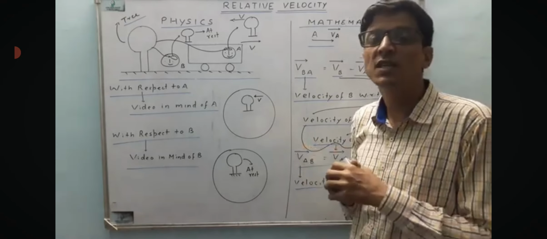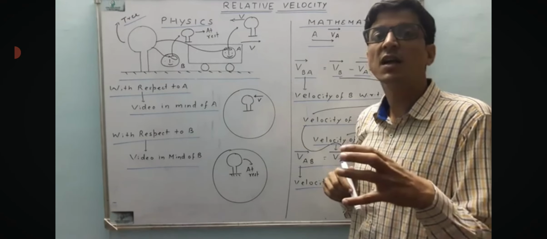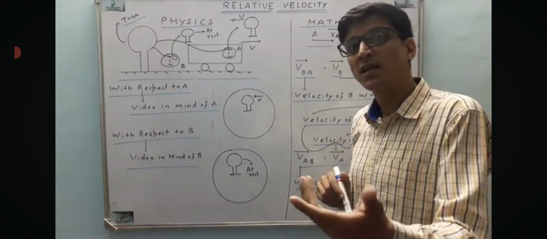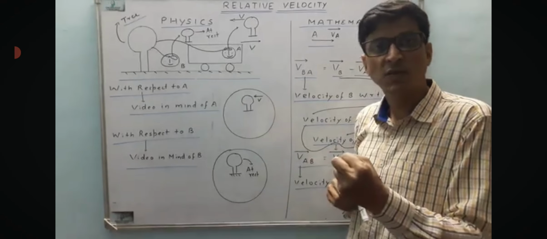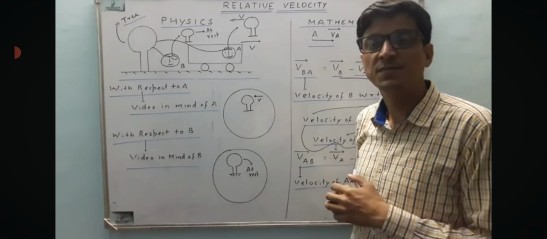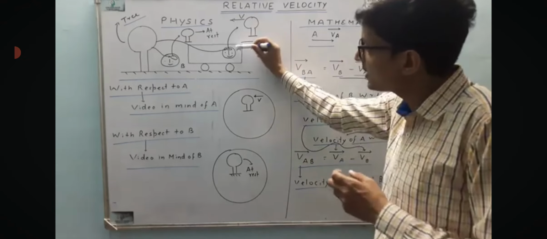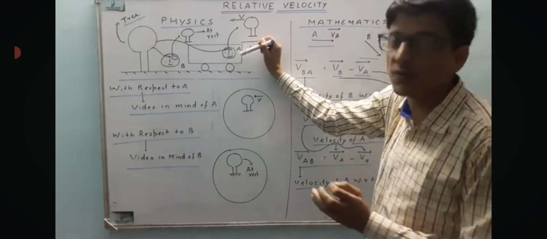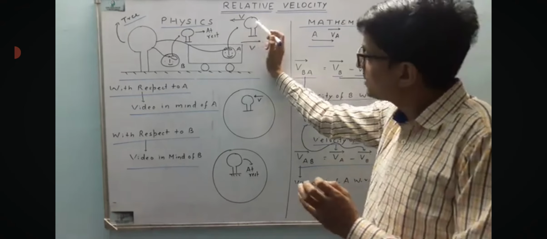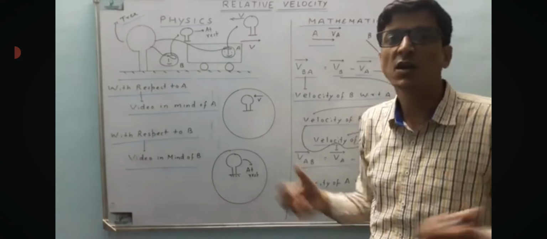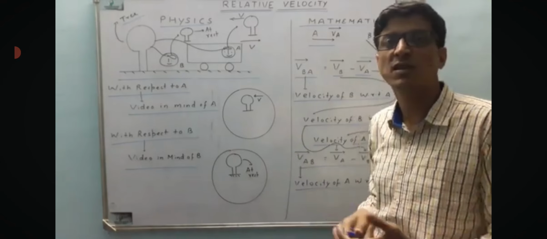As you might have seen, if you are sitting in a car, it is moving forward, then if you look back at the tree present on the ground, it will be observed to be moving backward. So with respect to the image in the mind of A, he will observe the tree to be moving to the left with velocity v. So this is how physics works for relative velocity.